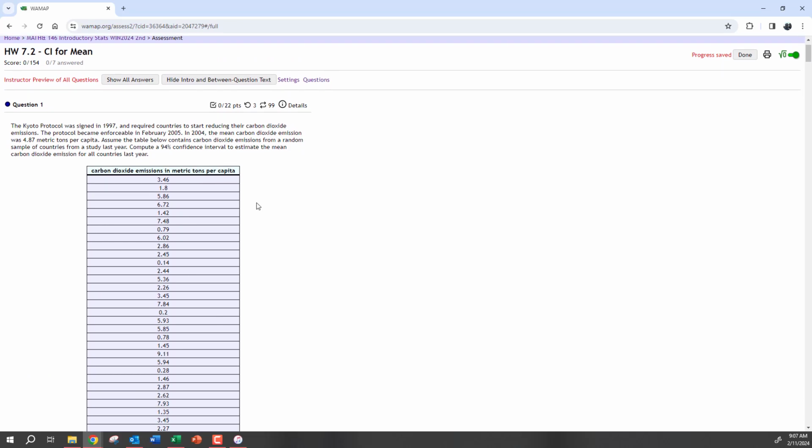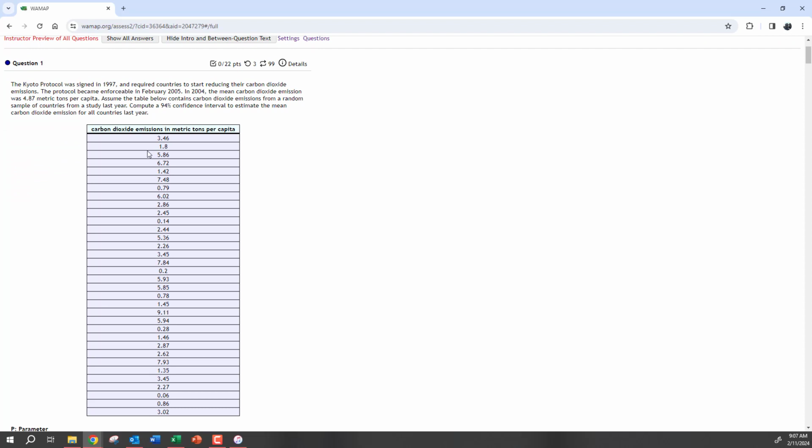So the first thing I would suggest is to copy your data into Excel. Now, depending on what kind of interface you have, copying data into Excel can be tricky sometimes.